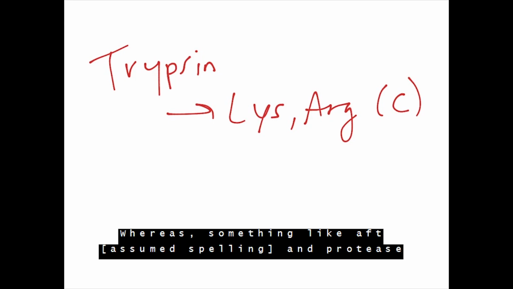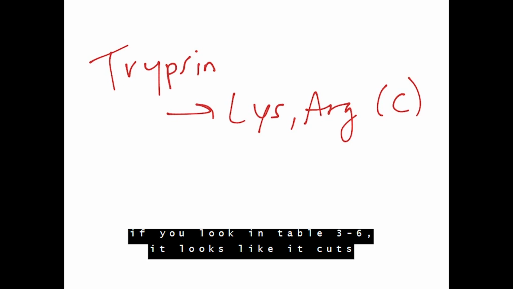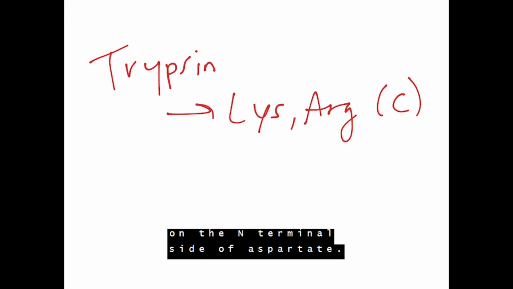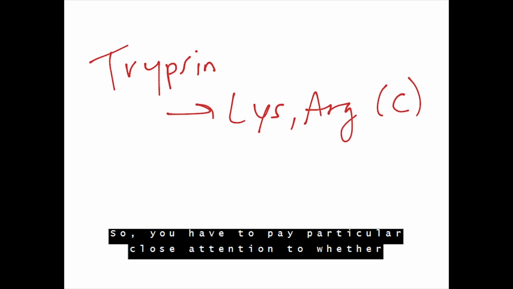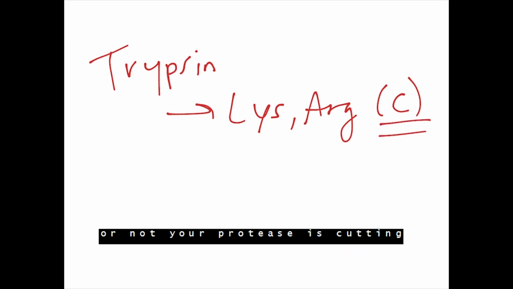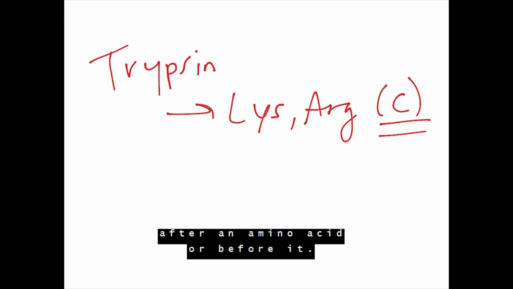Whereas something like Asp-N protease, if you look in table 3-6, cuts on the N-terminal side of aspartate. So anytime it sees an aspartate residue, it will cut before it. So you have to pay close attention to whether your protease is cutting after an amino acid or before it. But table 3-6 will give you a nice list.